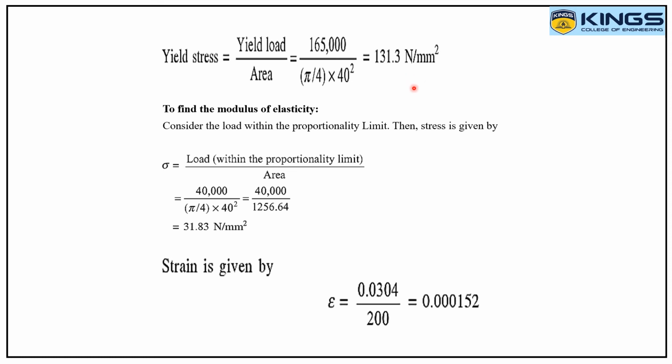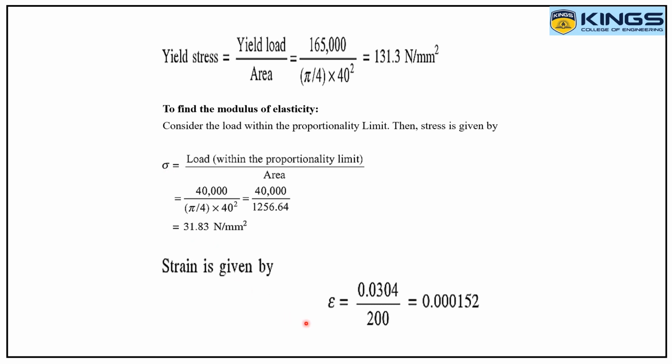For finding the modulus of elasticity, consider the load within the proportionality limit, which is already given in the question. Then stress is sigma equal to load by area, so 40,000 divided by pi by 4 d square. On solving, we get stress equal to 31.83 Newton per mm square.